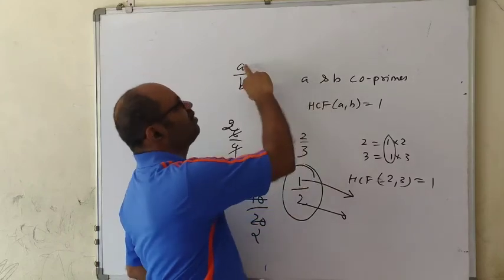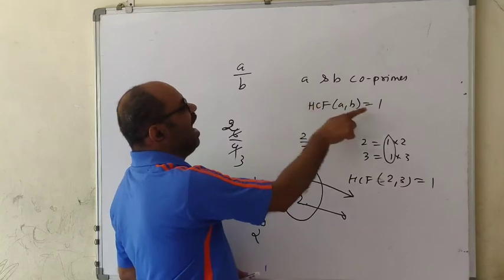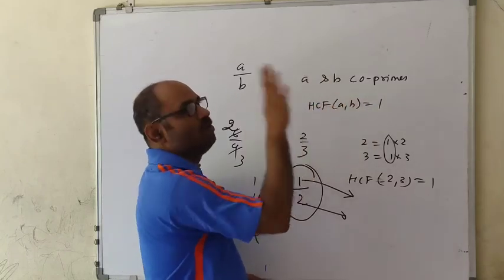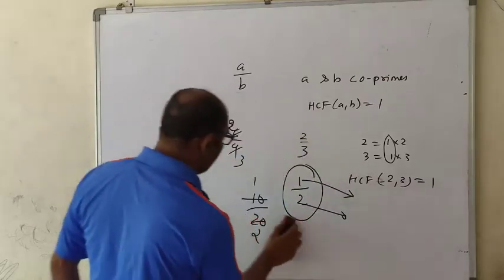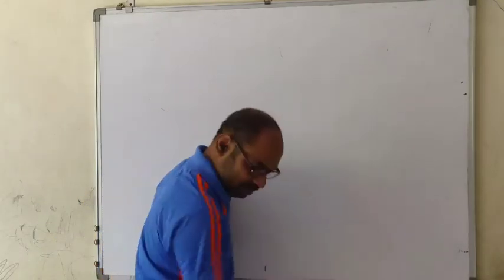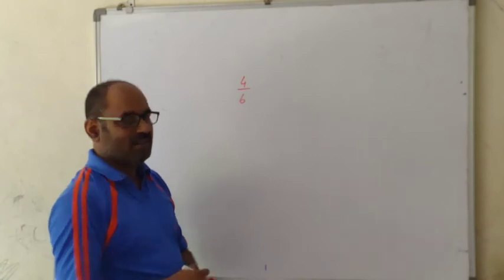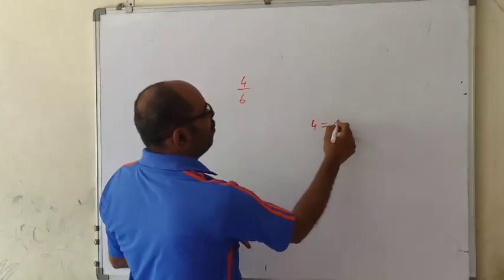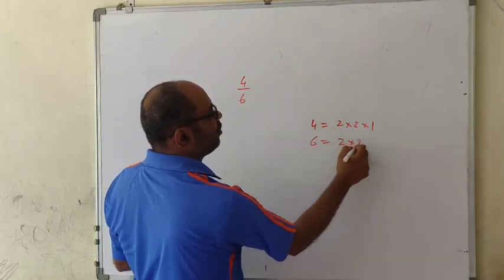Co-primes means these two numbers will have no common factor other than 1. Is that clear? Fine. What about 4 upon 6? Are 4 and 6 co-primes? Let's find out the factors. 4 is 2 into 2 into 1, and 6 is 2 into 3 into 1.